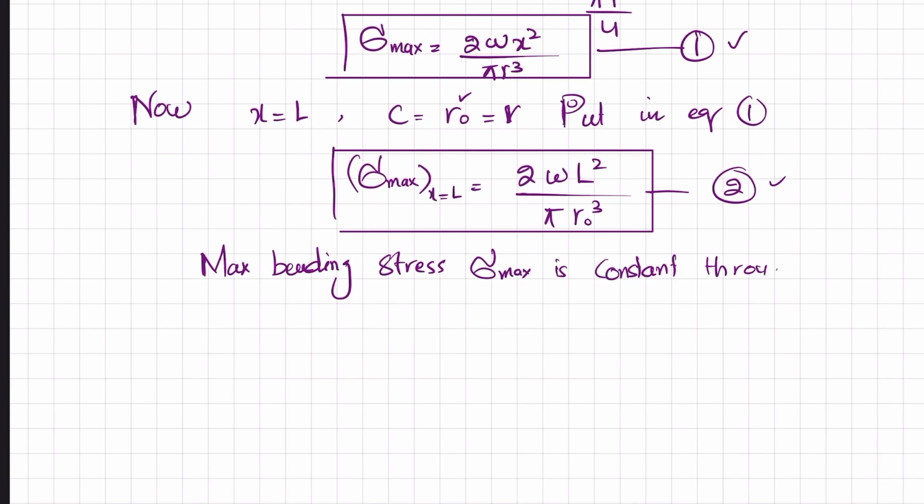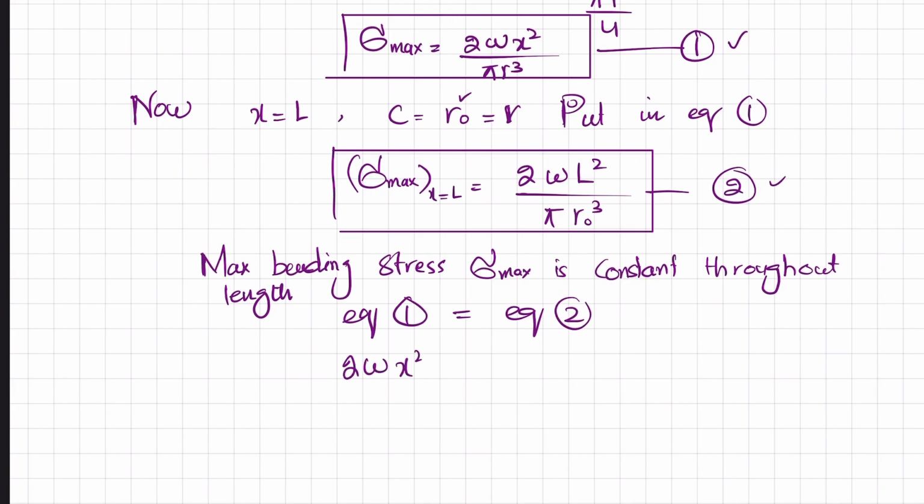This is given in the question. So it means that equation 1 is equal to equation 2. Equation 1 is 2Wx square divided by pi R cube is equal to 2WL square over pi R naught cube.